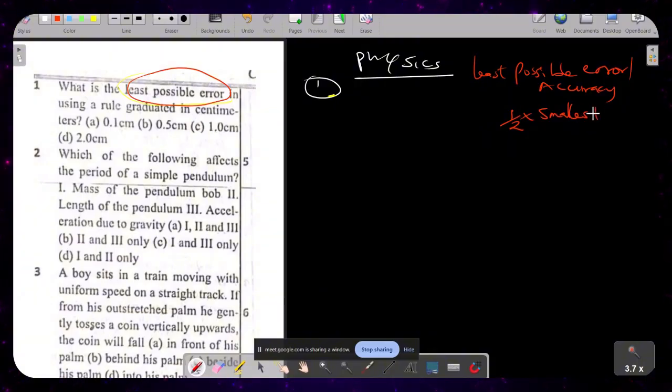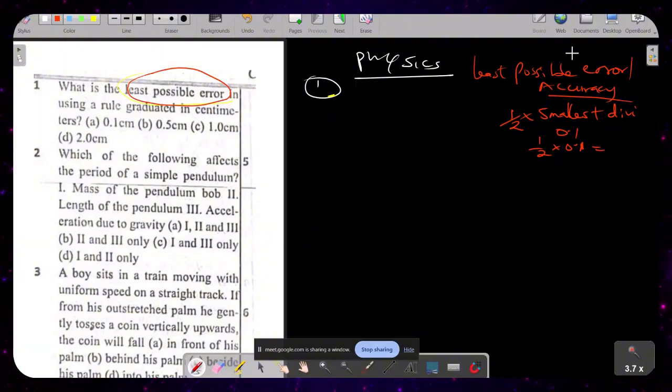The smallest division of a meter rule or rule graduated in centimeter is 0.1. So you say 1 over 2 times 0.1, and that will exactly give you 0.05. So the answer is 0.05 cm. So coming to the question, none of the options is the correct option. So the answer is no option.